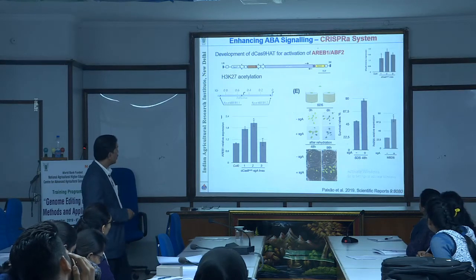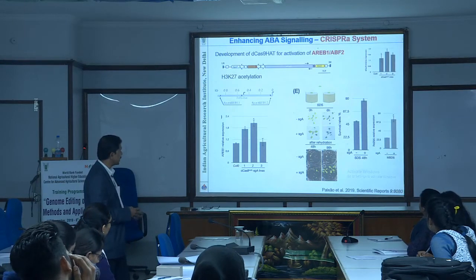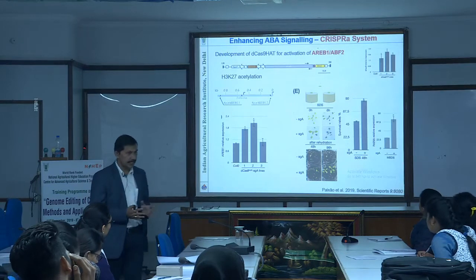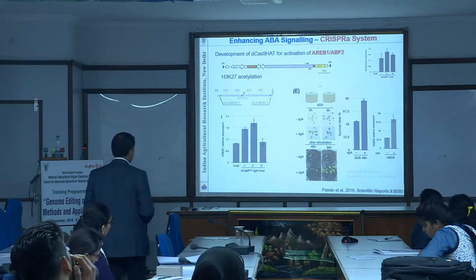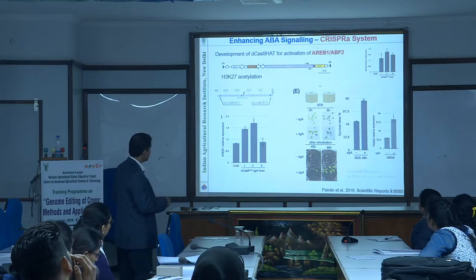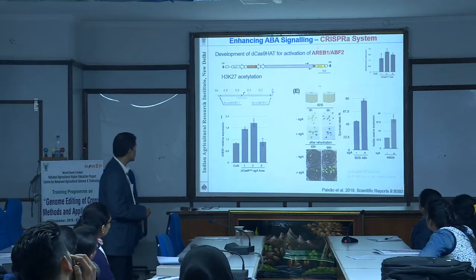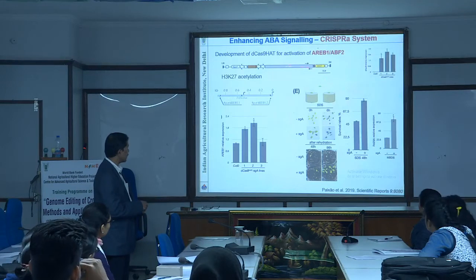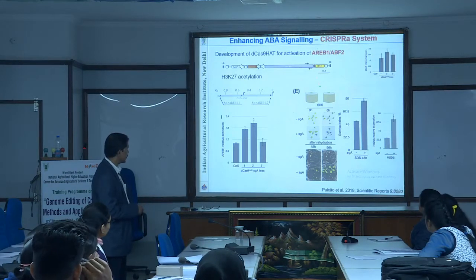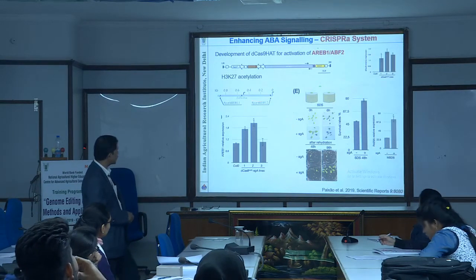That is, once it is acetylated, the chromatin is decondensed, so it is easy for the enzymes to access the region for the transcription process. So they used two different guide RNAs to guide the Cas9 and histone acetyltransferase to the specific location.